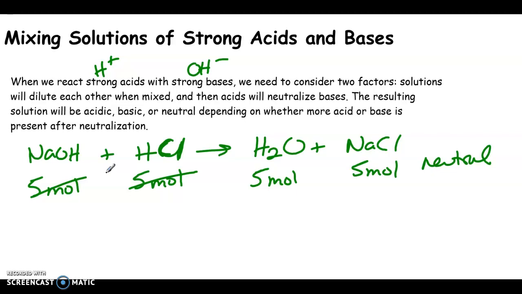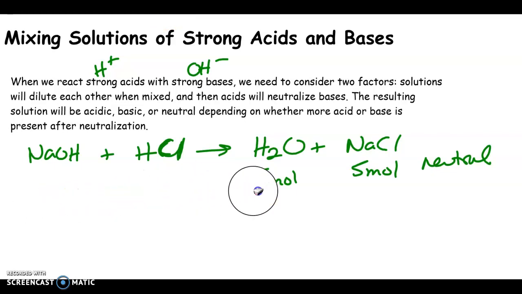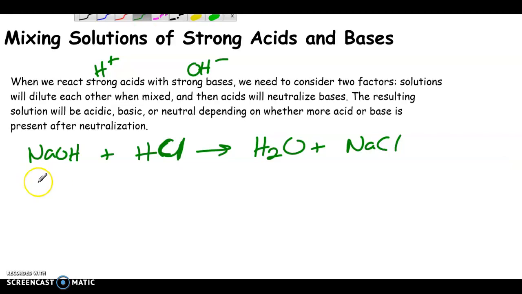But you may not always have equivalent amounts. So let's say instead, I'm going to do 5 moles of NaOH, but I'm going to only add 2 moles worth of hydrochloric acid.